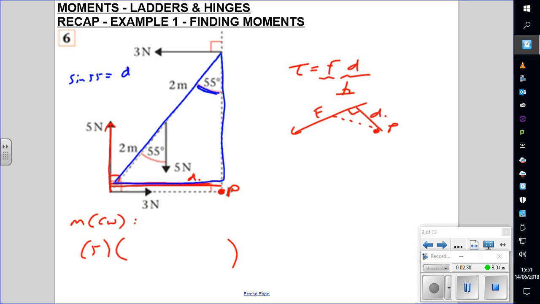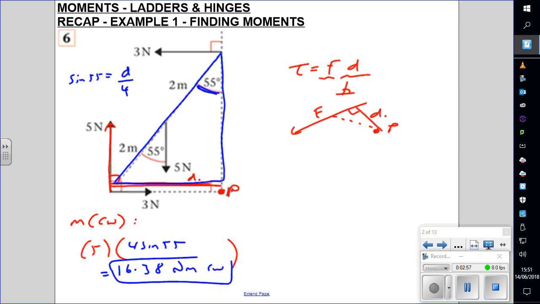So D, the thing I'm looking for, over the whole hypotenuse, which is 4 meters. So therefore, D must be 4 sine 55. And if I put that in my calculator, 20 sine 55, that's 16.38 newton meters clockwise so far.